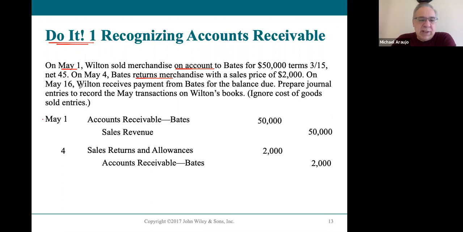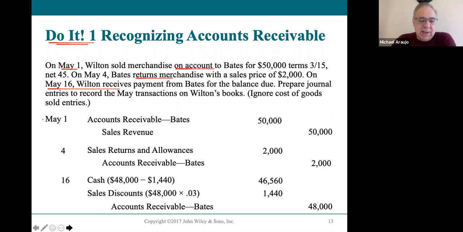And then, of course, they're going to take that discount because they paid within 10 days. And so here on the 16th, we're going to record $46,560 of cash on $48,000 of receivables. The $1,440 is the sales discount. So was your receivable, even though it might be on your balance sheet as $48,000, is it really worth $48,000?